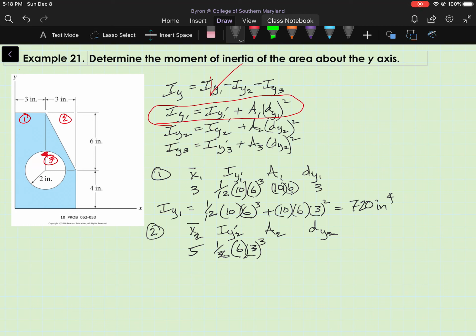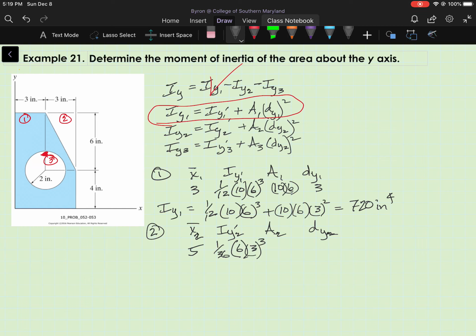If we were taking the moment of inertia of the rectangle about a horizontal axis going through its centroid, then it would have been the base of 6 times the height cubed.